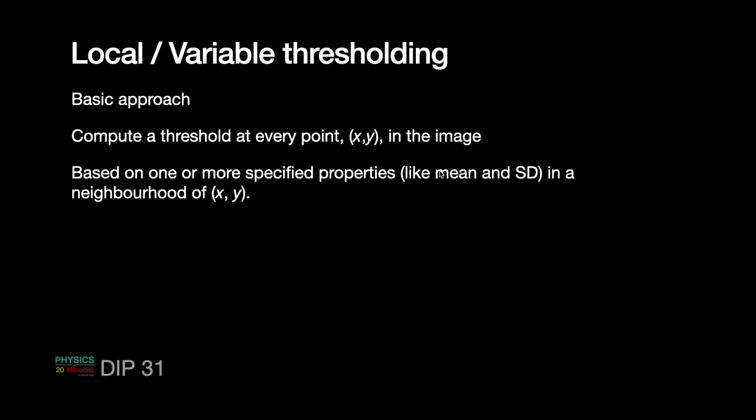When you go to the next region, pixels are different, values will be different, the threshold will be different, the result will be different. So your thresholding varies from one region to another. That is why we call it variable thresholding, because the threshold keeps varying from one local point to the next. It is also called local because we are taking a small area into consideration.